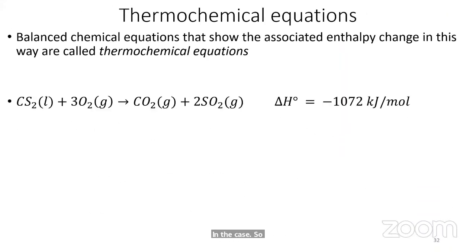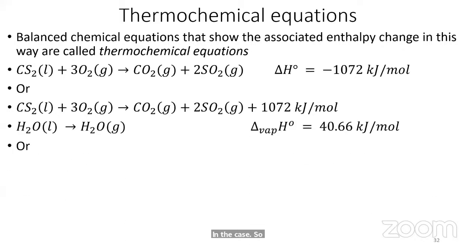So we look at some equations. These are some balanced chemical equations that show the associated enthalpy change, and these are called thermochemical equations because they show the enthalpy change. Here we have our cesium reacting with our oxygen. Of course, your cesium is liquid, L here is showing liquid, and your oxygen is in gaseous form, to give us CO2 plus SO2.